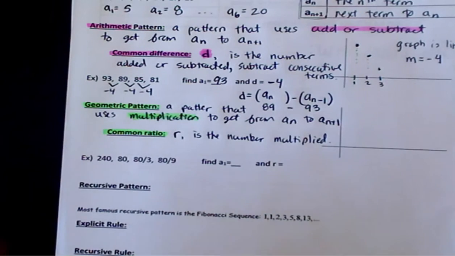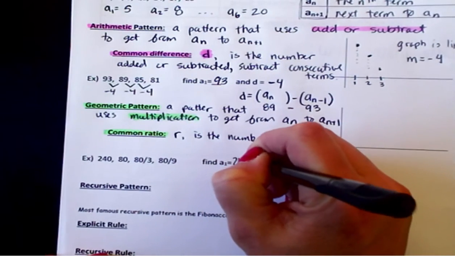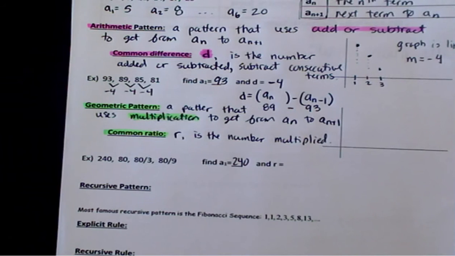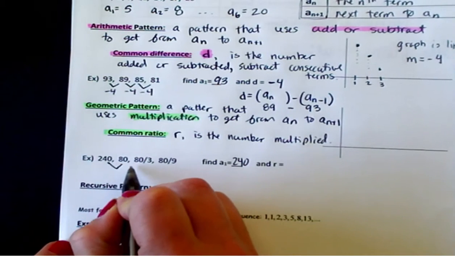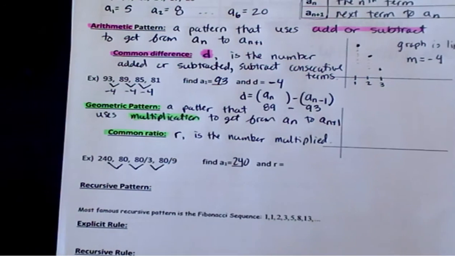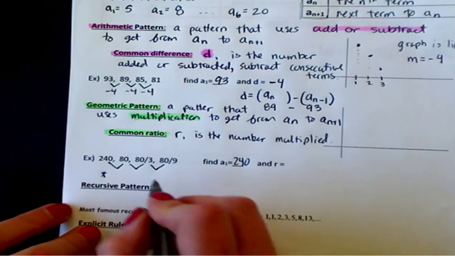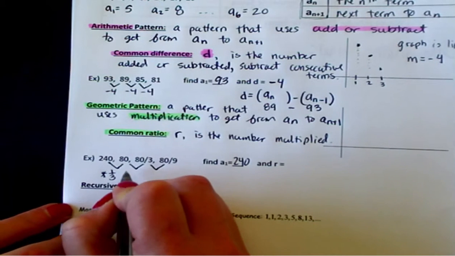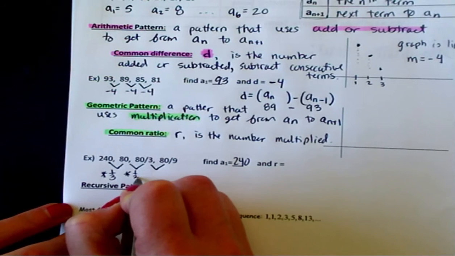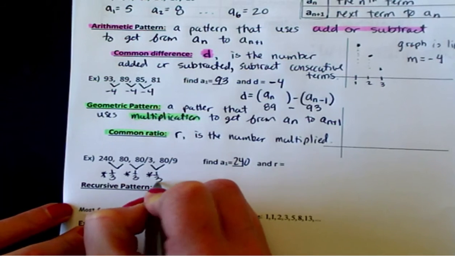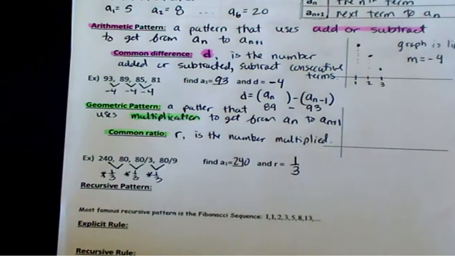If I look at the example, the first term is 240. But what's the common ratio? What do you do to get from one term to the next term? Multiply. I didn't say divide by 1/3. I said multiply by 1/3. And so the common ratio is 1/3.